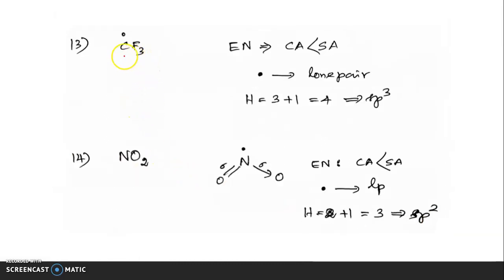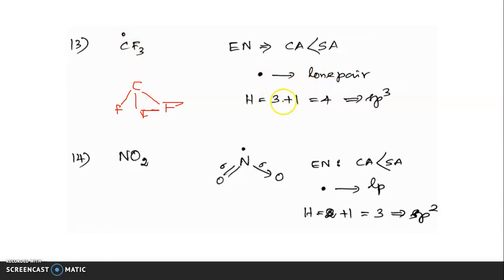Now see this one, CF3 radical. In CF3 radical, if you compare the electronegativity, the central atom has less electronegativity compared to the surrounding atom. Whenever the central atom has less electronegativity, the radical should be considered as a lone pair. This is the shape of CF3. We have 3 sigma bonds here. You know very well, single bonds are sigma bonds. So you have 3 sigma bonds, and that radical should be treated as a lone pair.